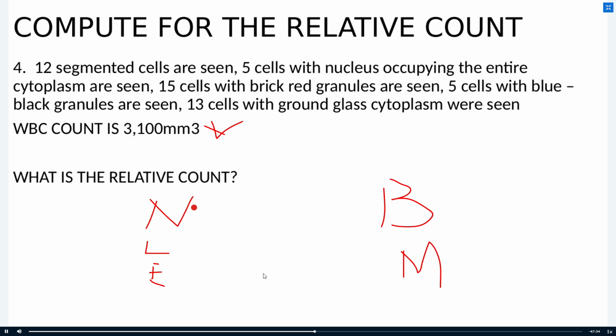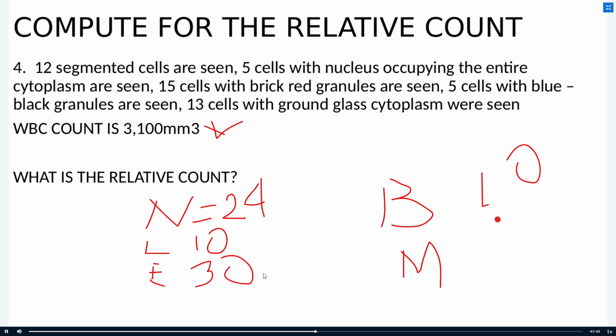So, times 2 naman. So, in this case, nalala nyo, 24, 10, 30, 10, 26. Kapag may leukopenia. So again, the shortcut class, kapag may leukocytosis, i-divide nyo lang sa 2 yung nakita nyong cell type. Pag may leukopenia naman, decrease, just multiply it by 2. Okay?